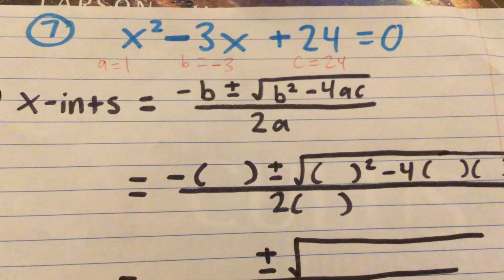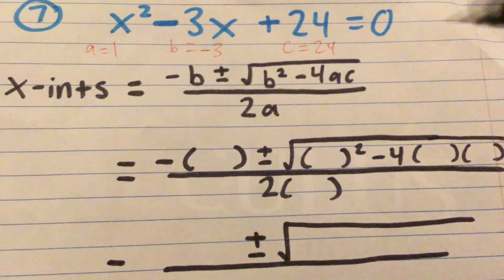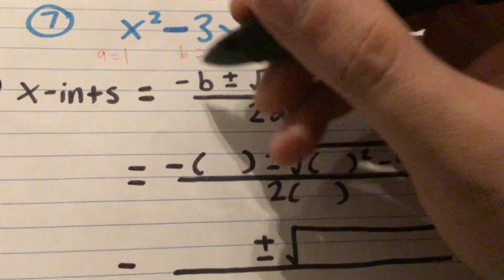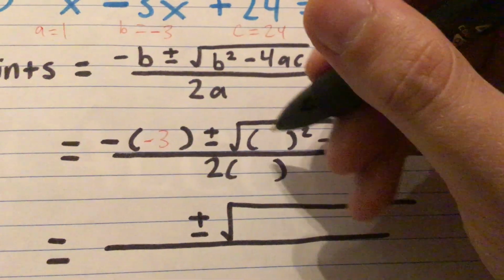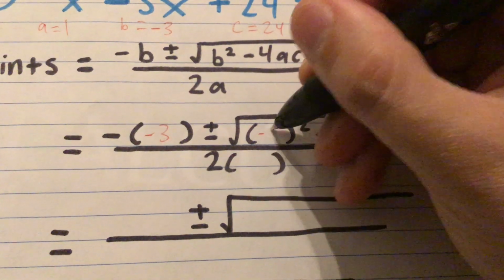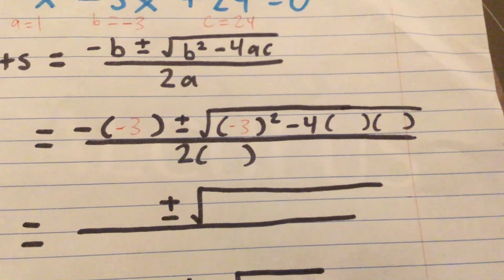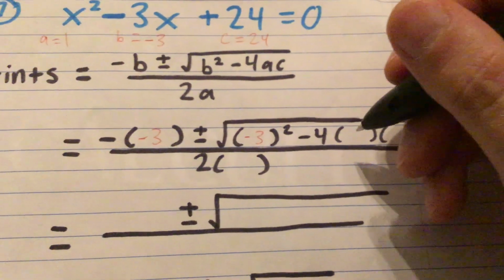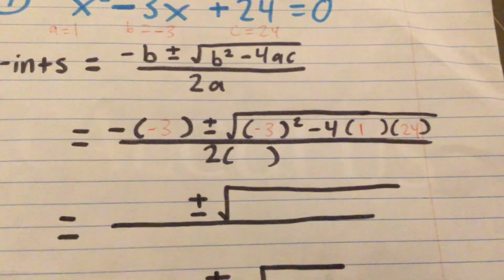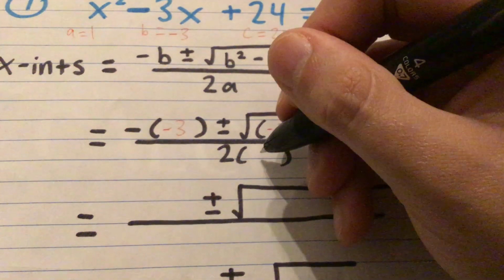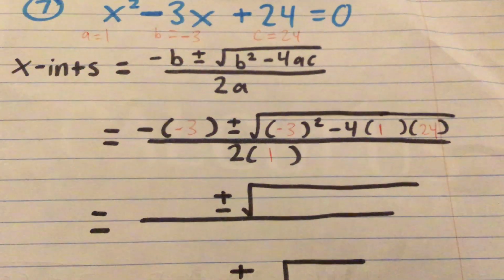Okay, so now we're going to plug in the pieces. Negative b, well, that b was negative 3, plus or minus the square root of negative 3 quantity squared, minus 4 times a times c, which is 24, all that over 2a, which is 1, 2 times 1.